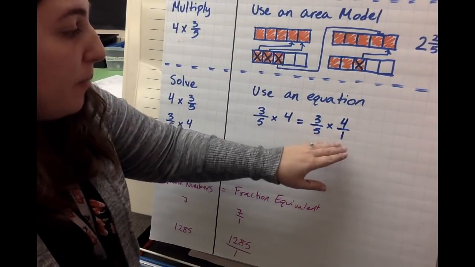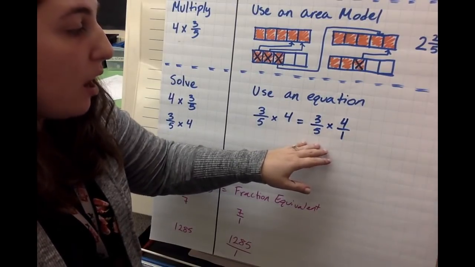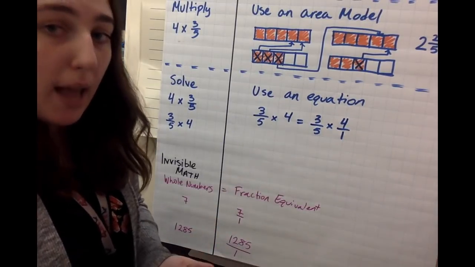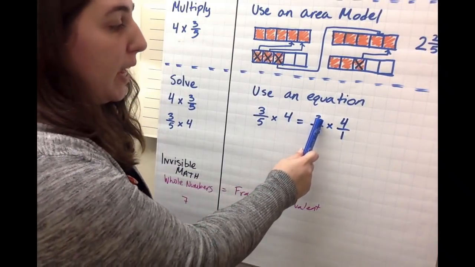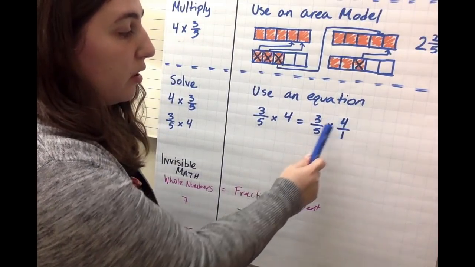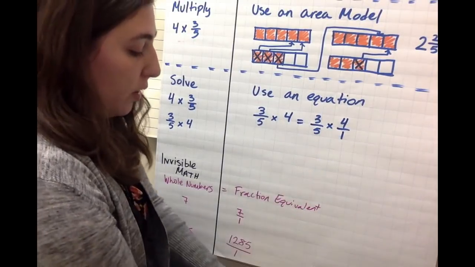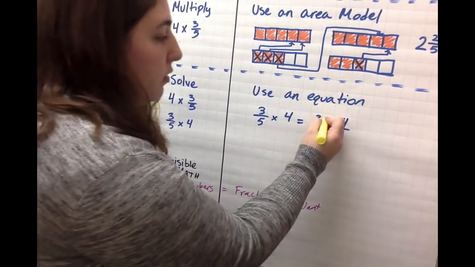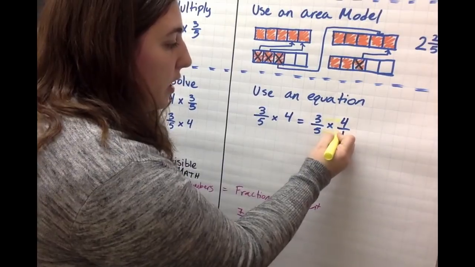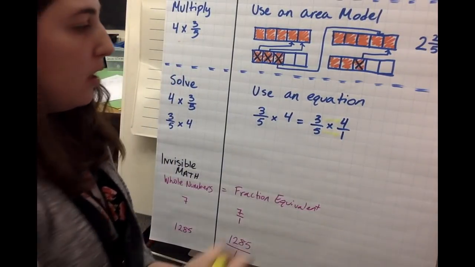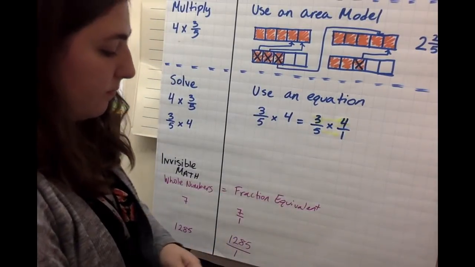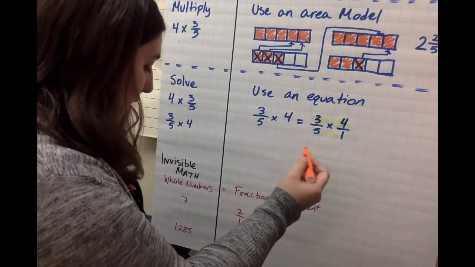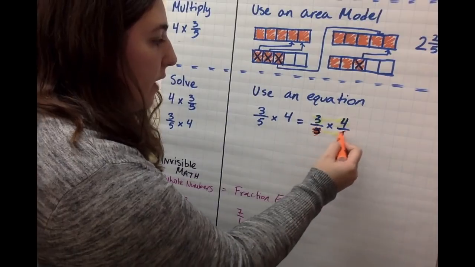Now that I have both my denominators, I know what they are. I'm going to multiply across. If you've ever heard that term, it just means I'm going to multiply 3 times 4, 5 times 1. So I'm going to multiply across. Okay, multiplying 3 and 4 and 5 times 1.